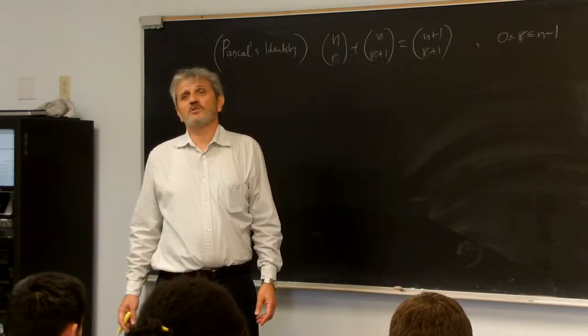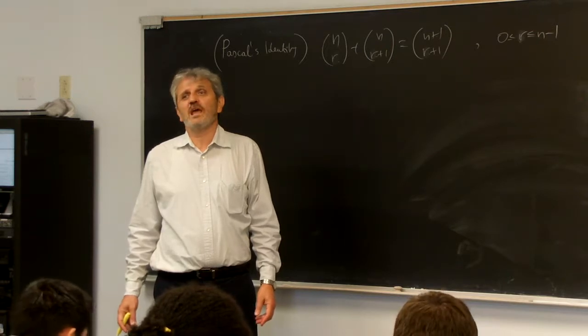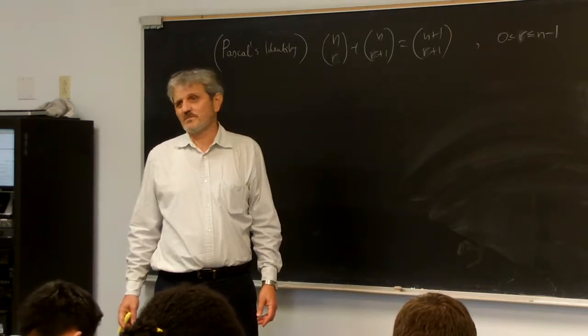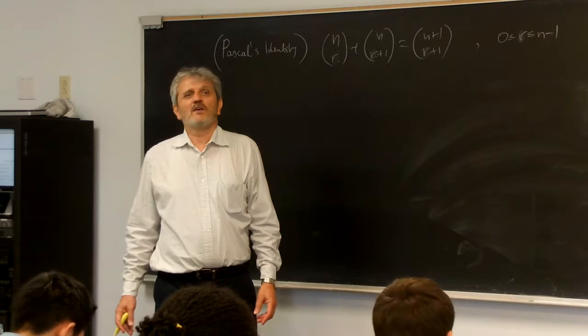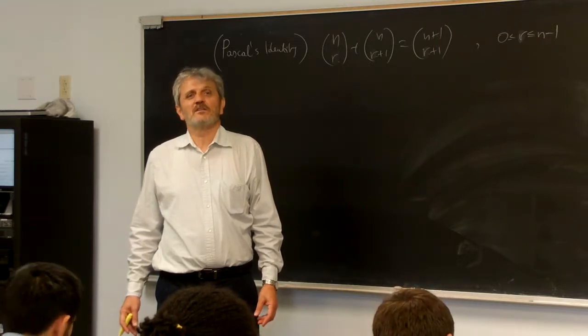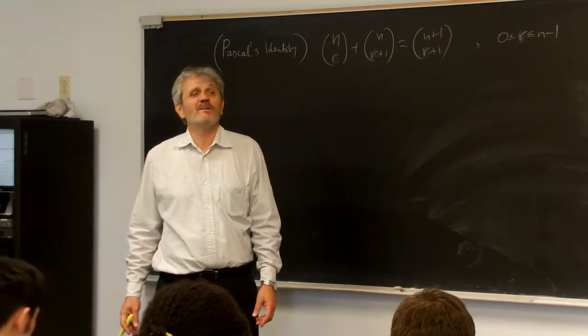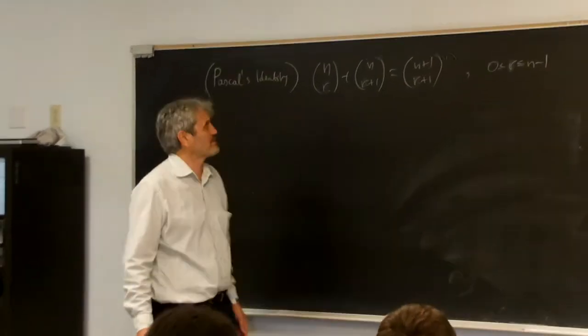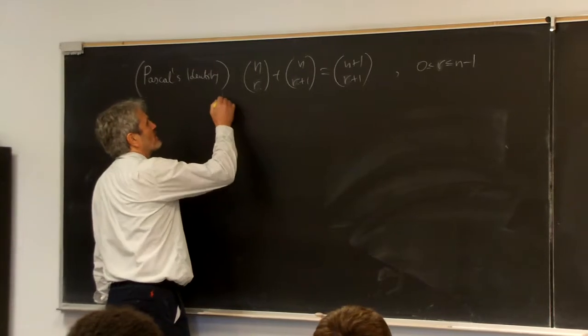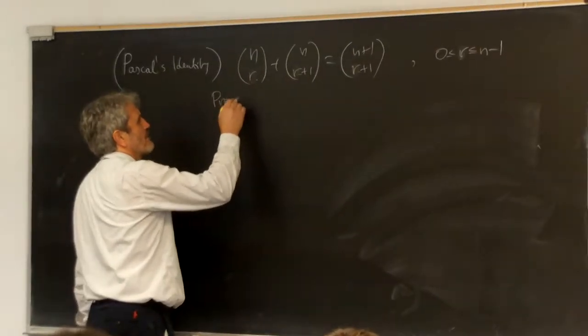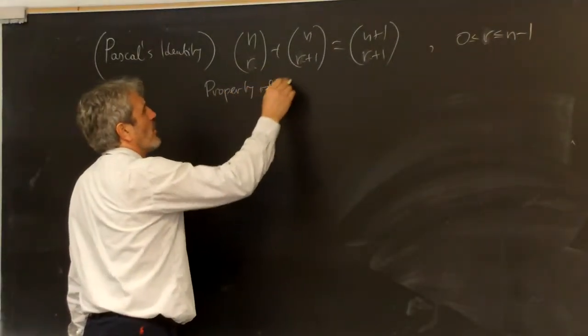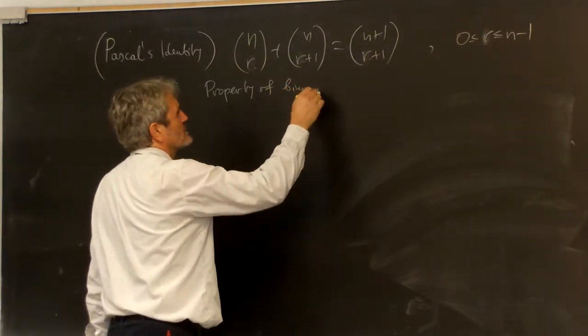But to preview the story for today, instead of calling them chooses, because nobody calls them chooses, everybody calls these numbers binomial coefficients. And we'll see in a moment why. For now, let's just accept the terminology. So this is a property of binomial coefficients.